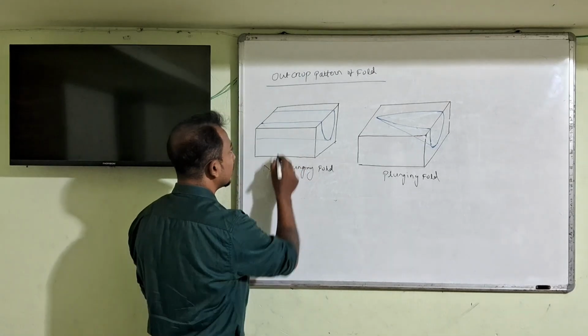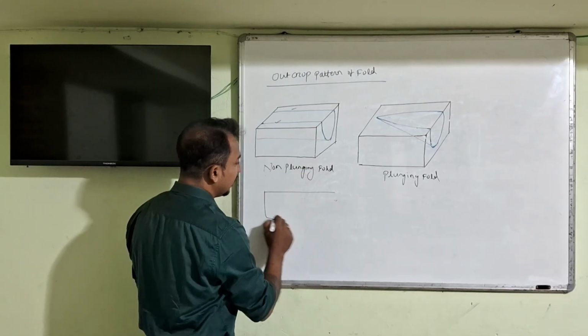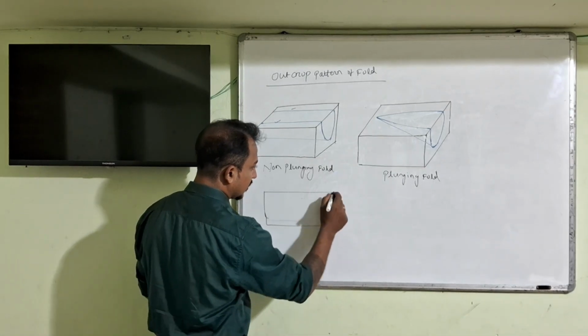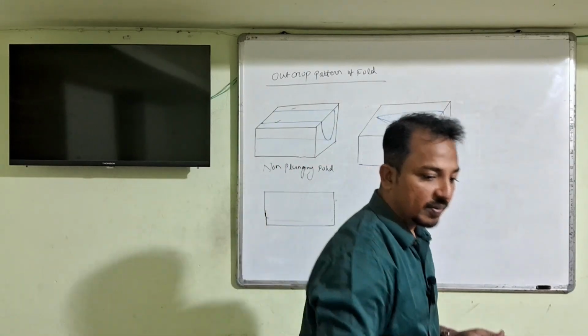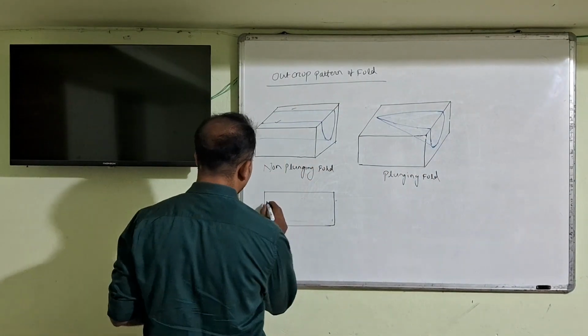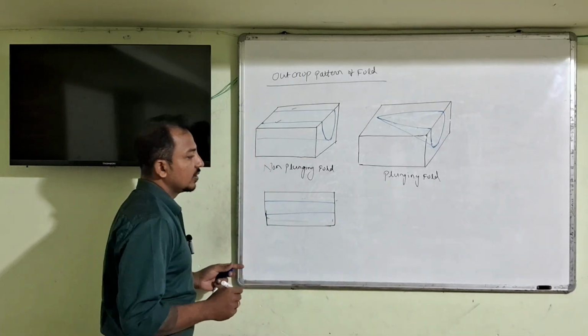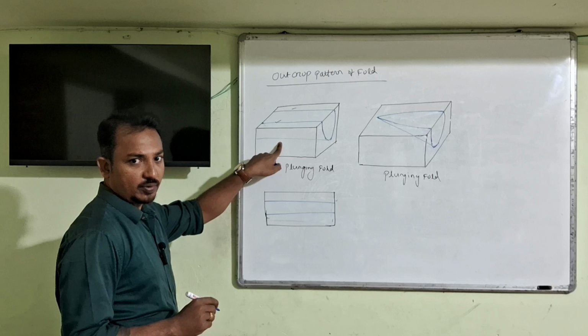So here you will get straight lines, like this. This will be the outcrop line for this fold.